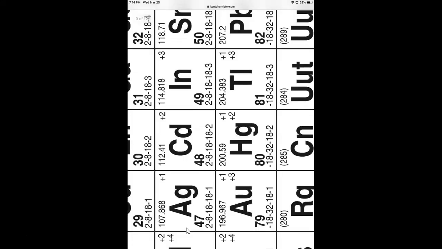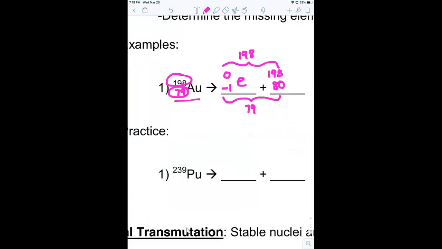It's mercury. And what this means, guys, is that gold got rid of a beta particle and turned into a mercury atom. It turned into a different element that was more stable. This is called a natural transmutation because this happened all by itself. We didn't have to do anything to force it.